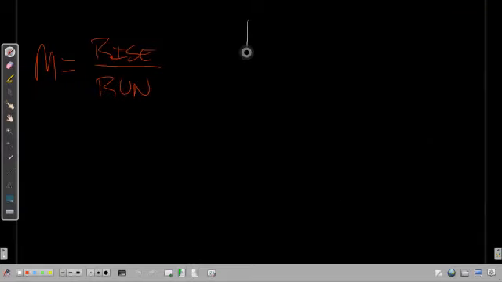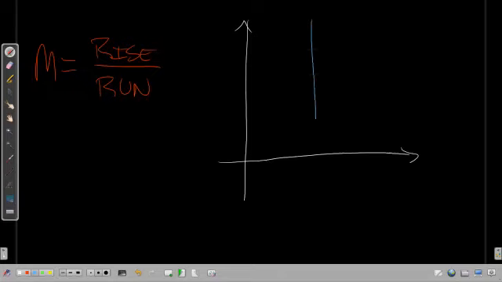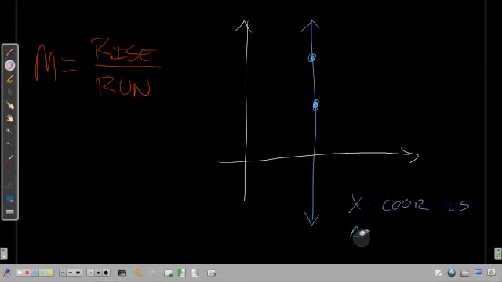Now, instead of a horizontal line, maybe now I'm talking about a vertical line, like this one. On a vertical line like this, the x-coordinates are always the same. The x-coordinate is always the same.